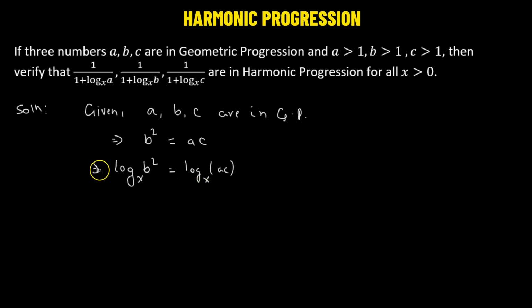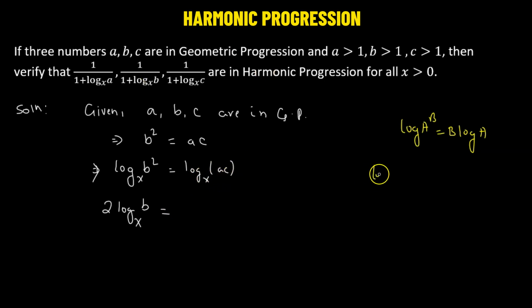Okay, now on the left hand side we can apply a property to log of b squared. So here the property that we will use is, if we have log of a raised to the power of b, this becomes equivalent to b times log of a, meaning log of b squared can also be represented as 2 times log of b with respect to x equals, now here we have log of a times c.